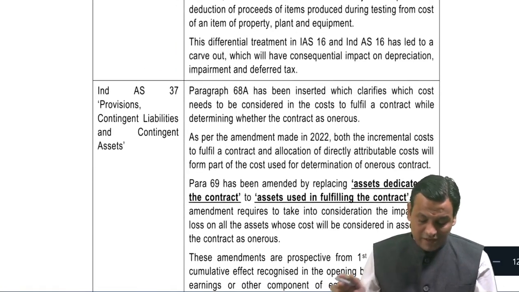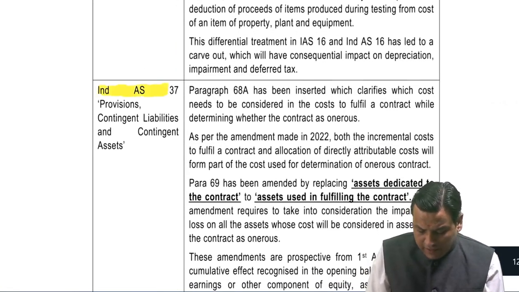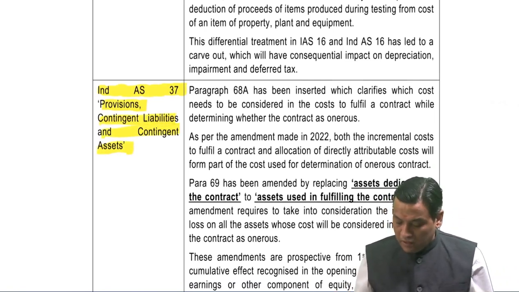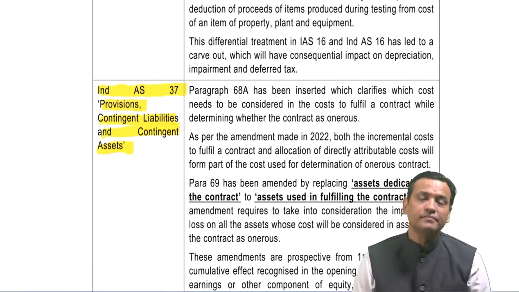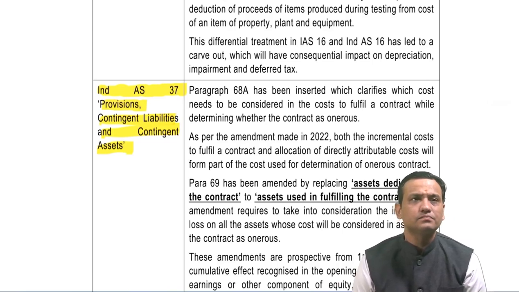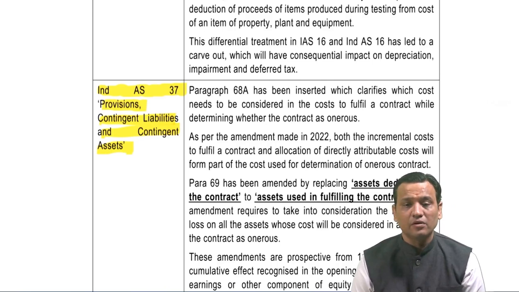Now we have the next area, which is not that big an amendment. It is with respect to the normal requirement, Ind AS 37. Now friends, under Ind AS 37 we had something known as onerous contract. If you remember, what was an onerous contract?